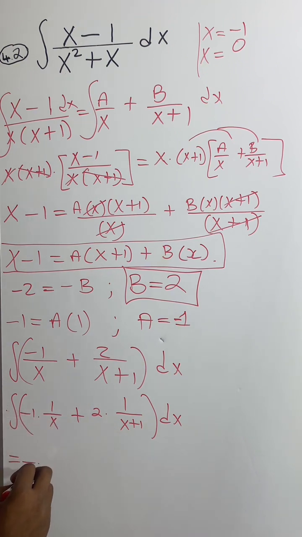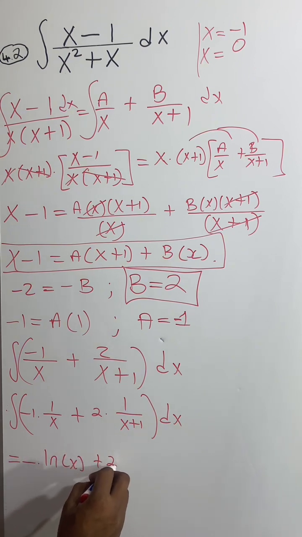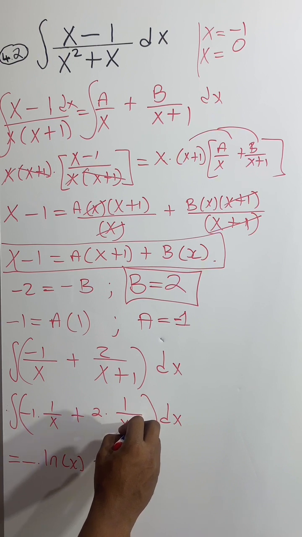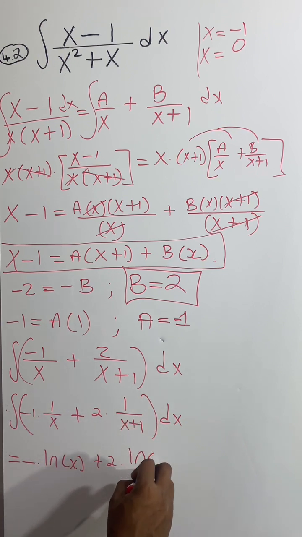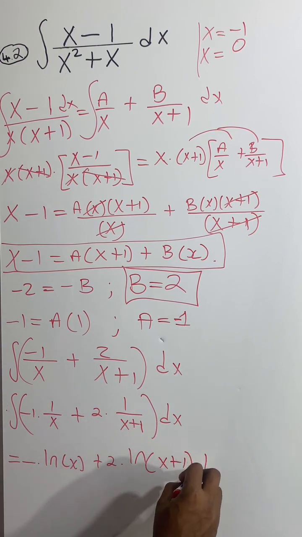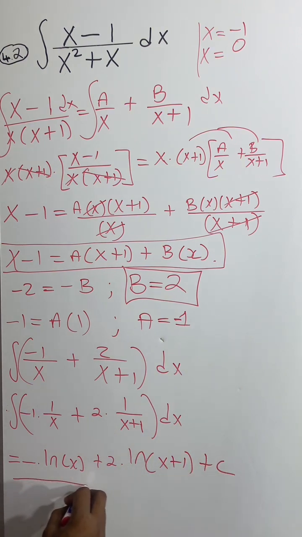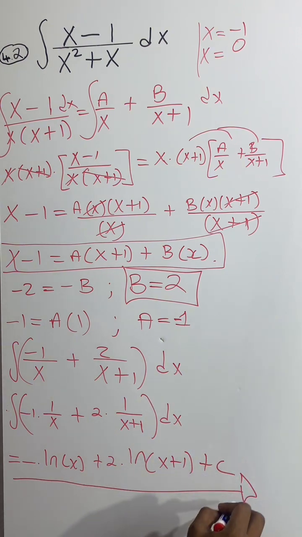When we integrate 1 over x, we get ln x. We integrate 1 over x plus 1, we get ln of x plus 1 plus c, and this will be the answer for question 4.2.